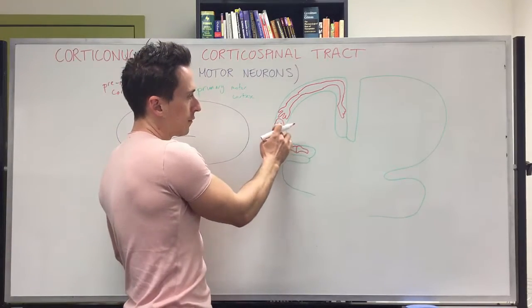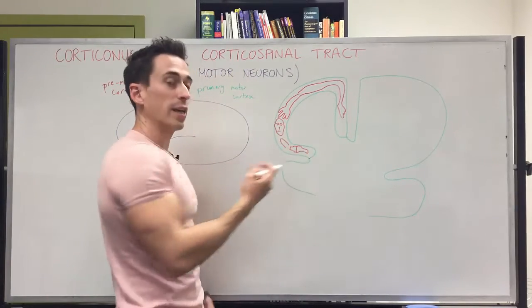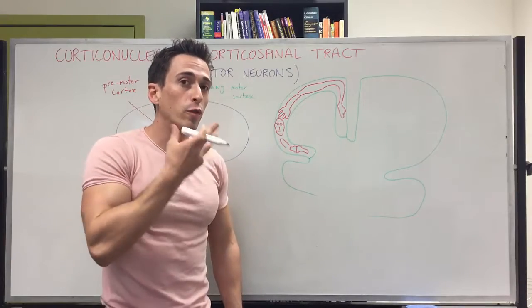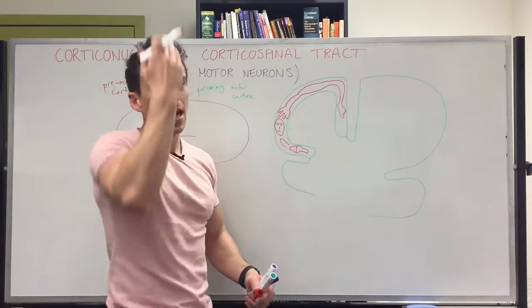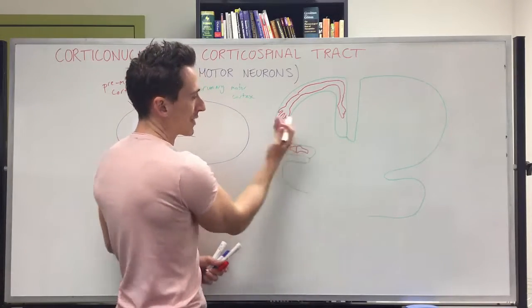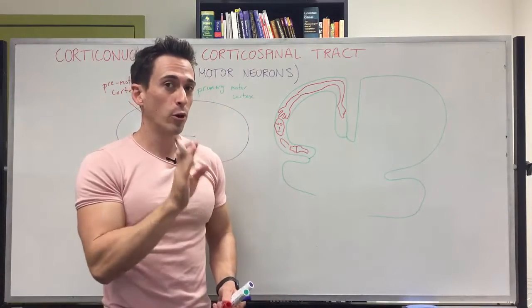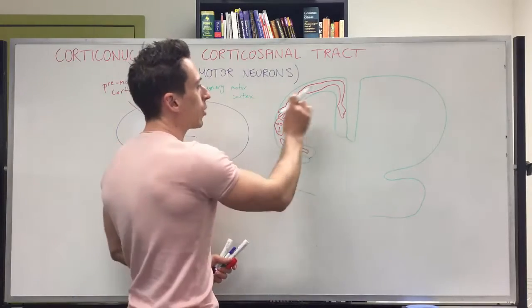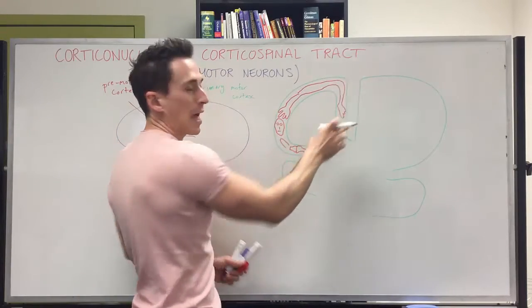Pharynx, larynx, tongue, face: what that is telling you is that speech, and movement of the head and neck, including the muscles involved in speech, are represented here, in the most lateral aspect of the primary motor cortex. Then you've got hand, arm, trunk, knee, and foot.